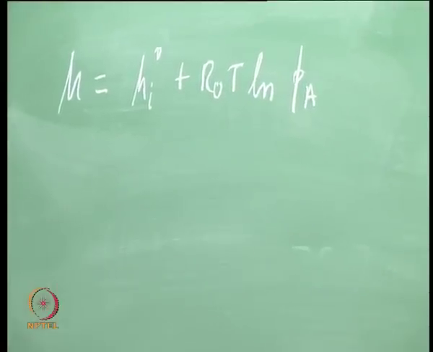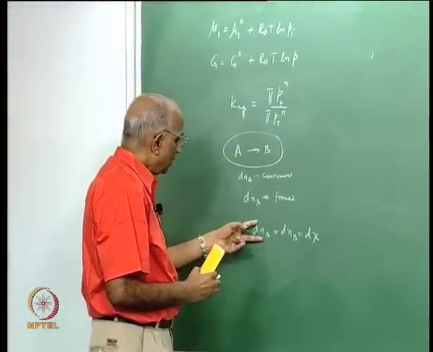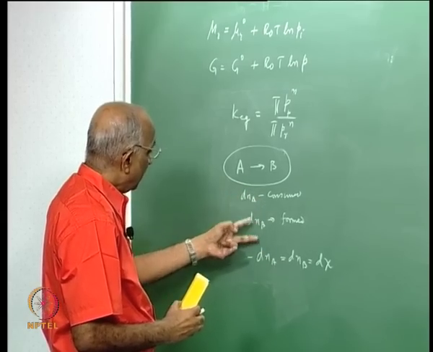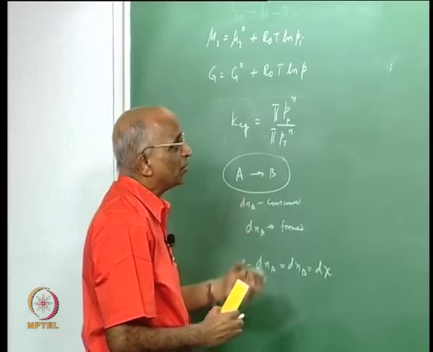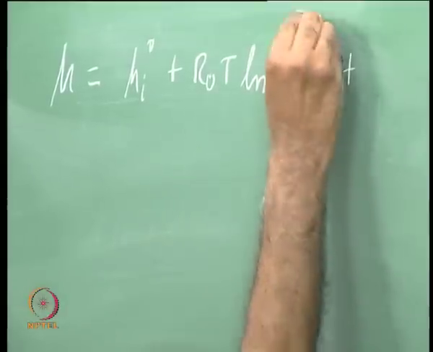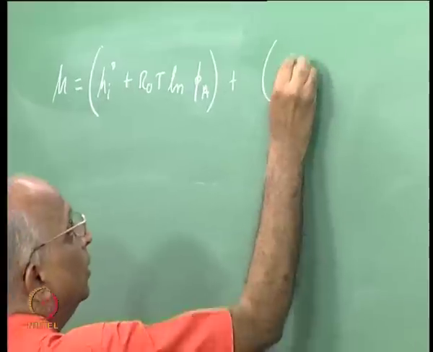This is the value of mu for this, and the chemical potential of B is going to be plus I get, I will come back to filling this gap.